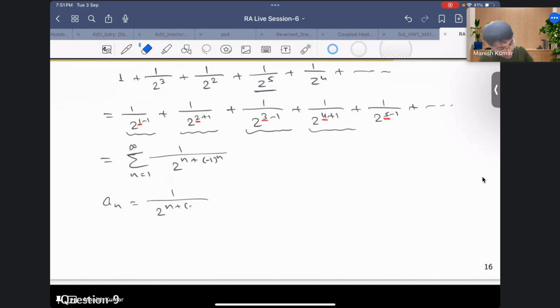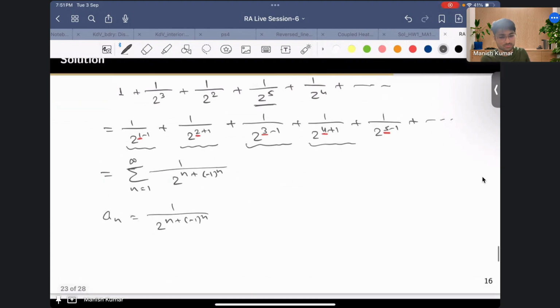What should one use in this situation? We have already used this kind of thing, right? When you have some power n, then you first try to use the ratio test or nth root test, right? So you just take the limit.